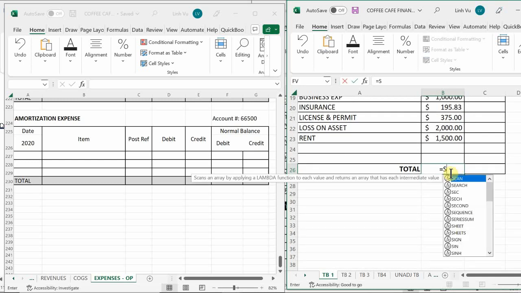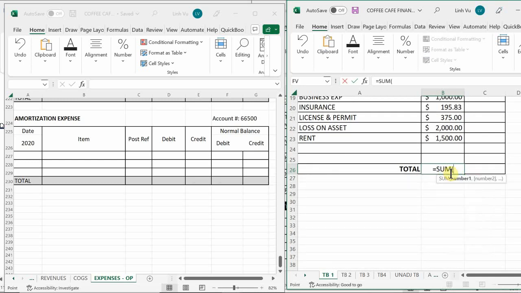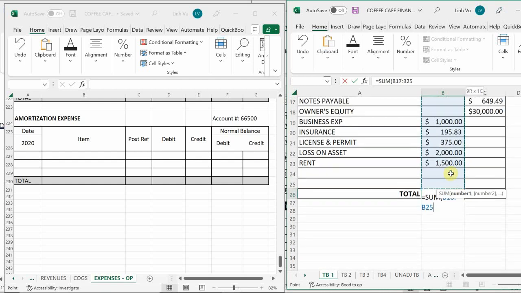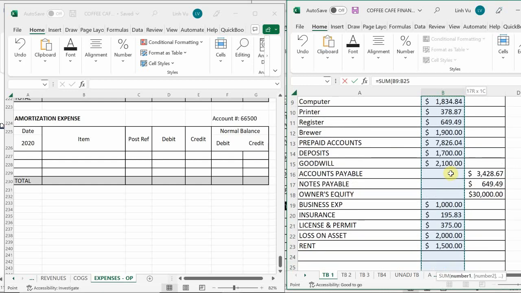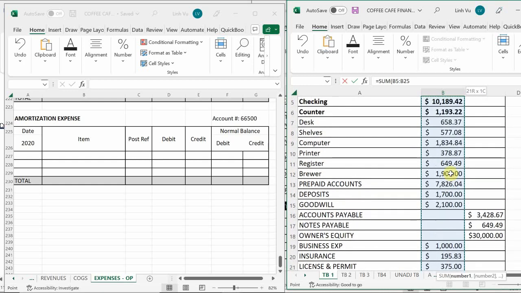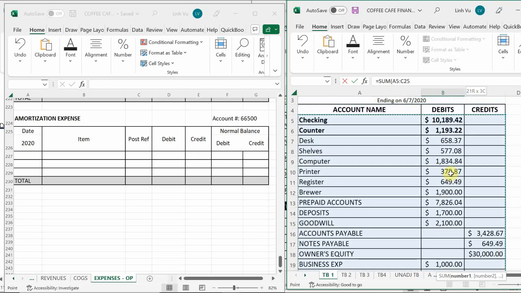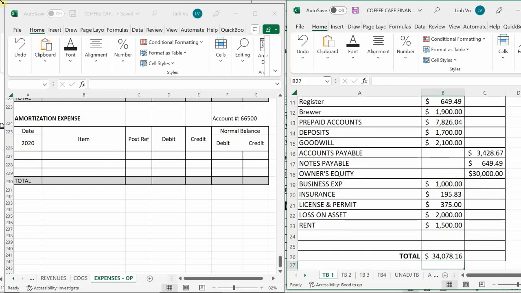So I'm going to do my equal sum here to tally up my grand total of debits. In this column, I highlighted the numbers that I want to calculate. So I'm looking at $34,078.16. And I'm also able to copy that formula across as well.